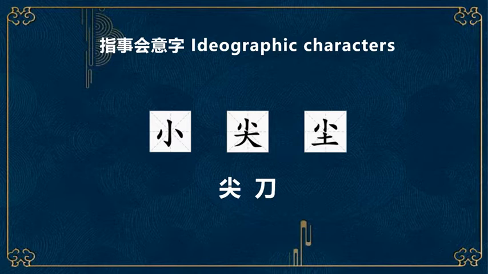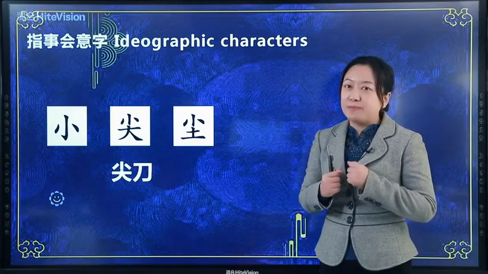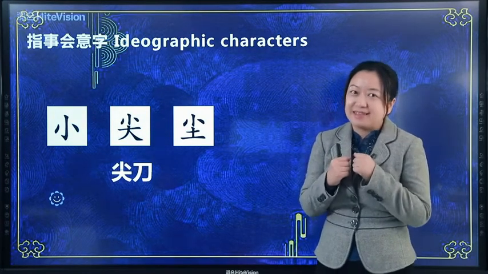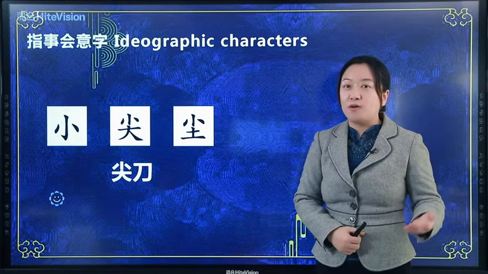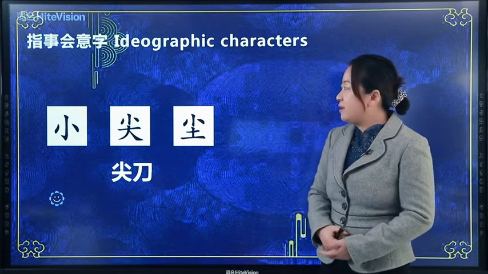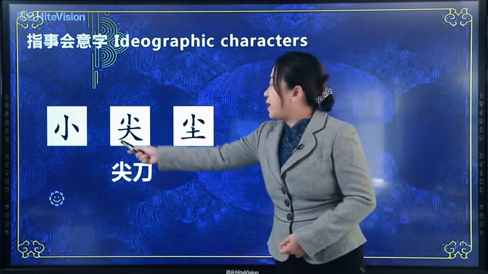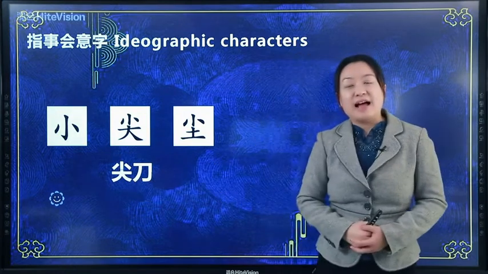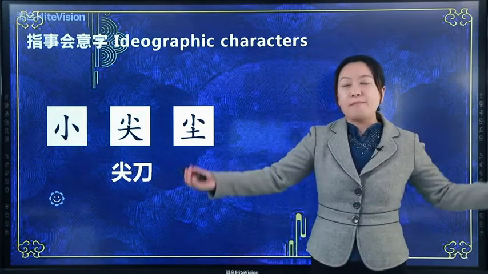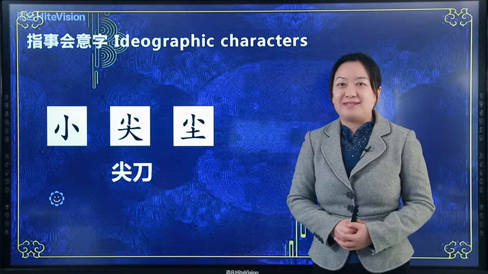Next example, this one, 小. You know, 小 is a pictographic, coming from the picture of a person like this, meaning small, little. And this one, 大, means very big, very huge.